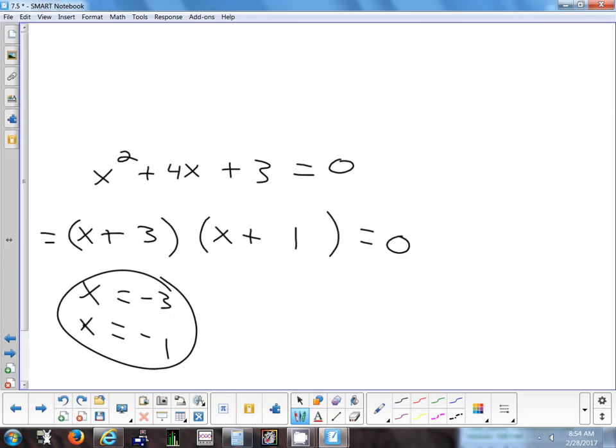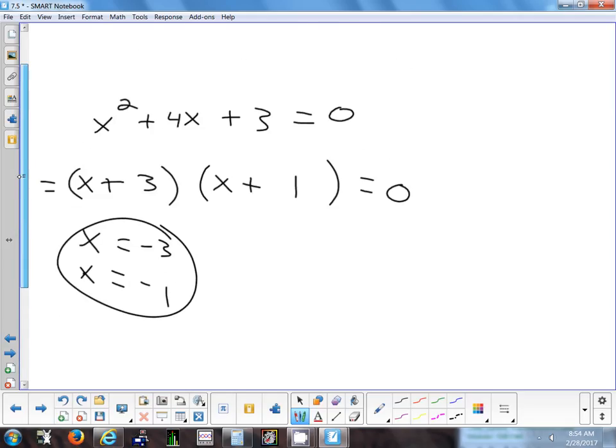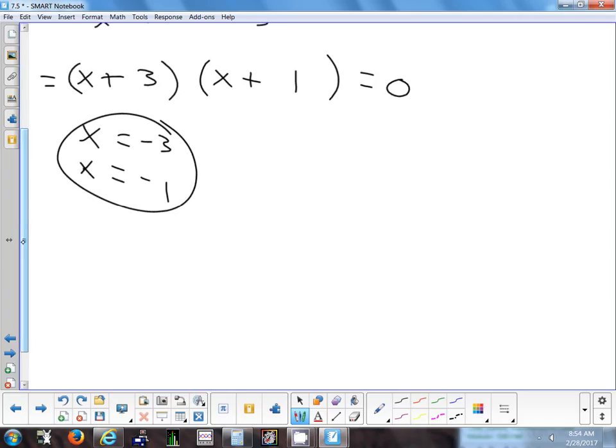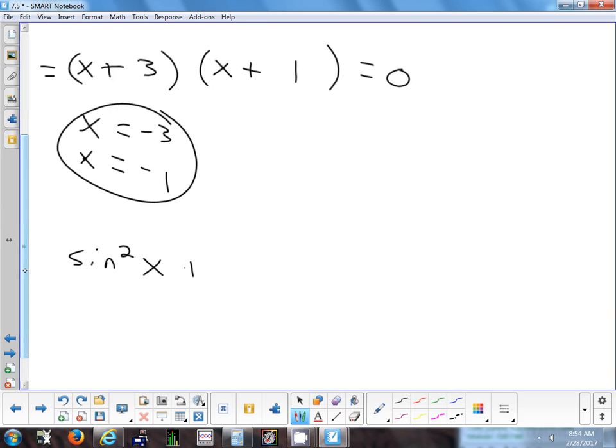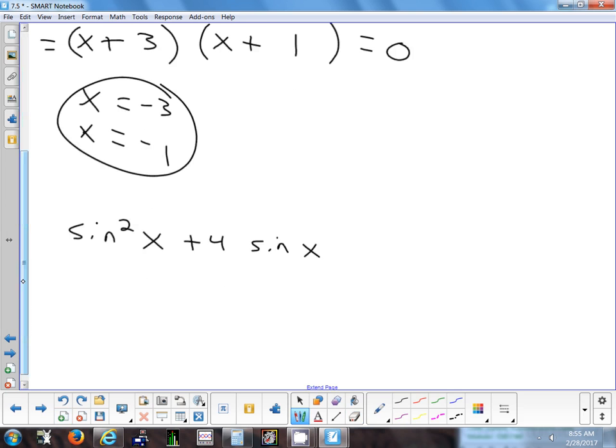So let's look at the same problem, except I'm going to change x to sine x. That's all I'm going to do. So now it's sine squared x plus 4 sine x plus 3 equals 0. How would I factor that?